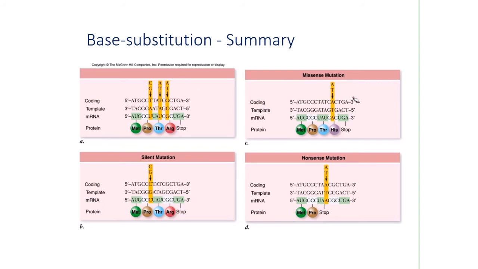Over here, if I replace the G and C at the third position with A and T, then you're going to end up with a CAC as opposed to CGC, and so the amino acid changes from arginine to histidine, and that is going to be a missense mutation.